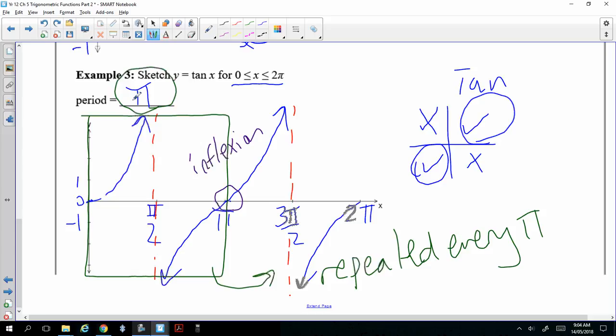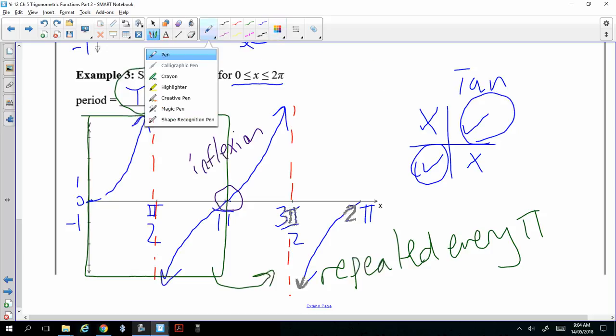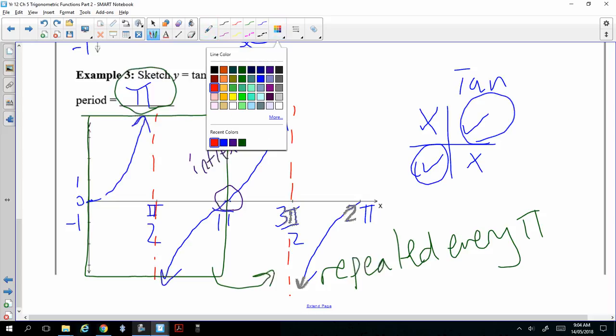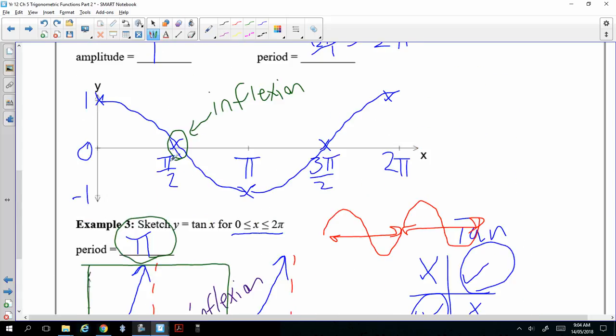I forgot to mention what a period is. Now period is, let me go back here. Okay, what's a period? That's one period of sine, and that's a second period. So it's the amount of time it takes before it repeats itself, right? So this one, that's one period of cos, and then it starts to repeat again, right?